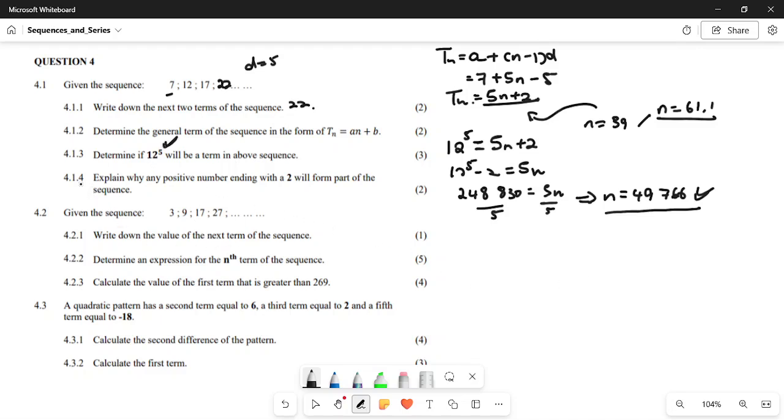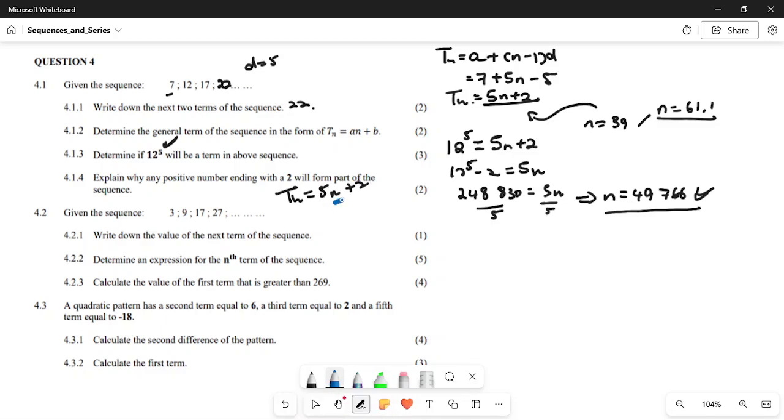And then the fourth question: explain why any positive number ending with a 2 will form part of the sequence. To frame my answer for this question, I would look at my general nth term. They said any positive number ending with a 2, and my general nth term is given by 5n plus 2.